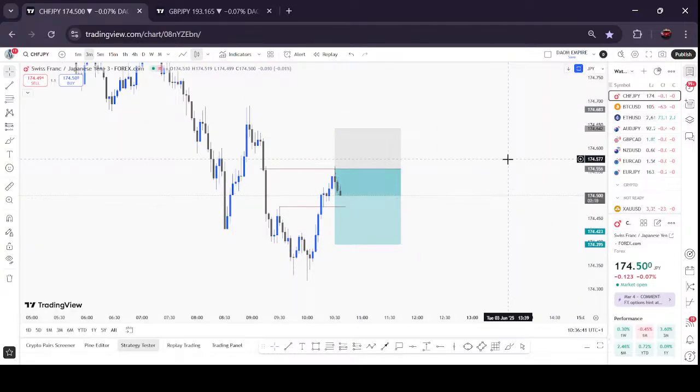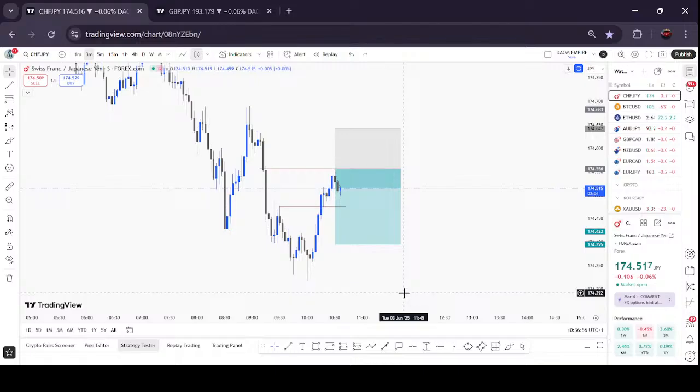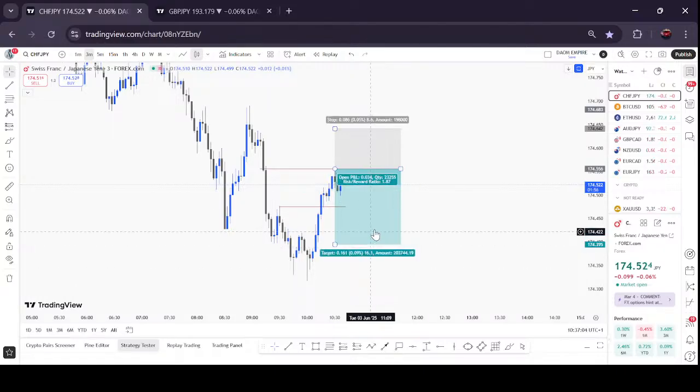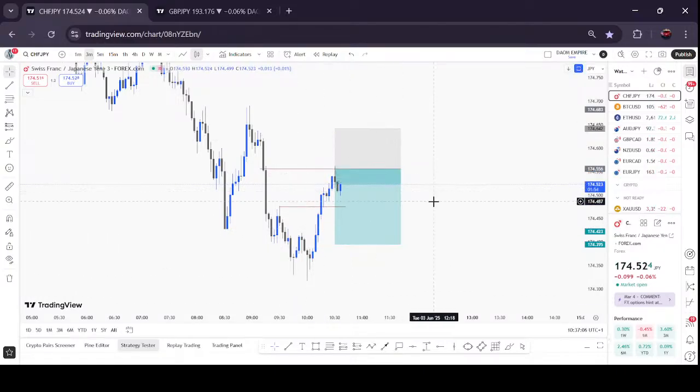I'm calling this trade live and direct, ladies and gentlemen. If this price actually closes below here, I'm going to add another position.